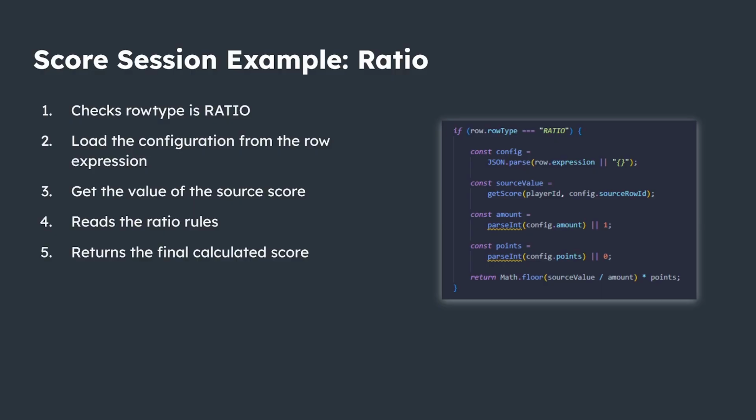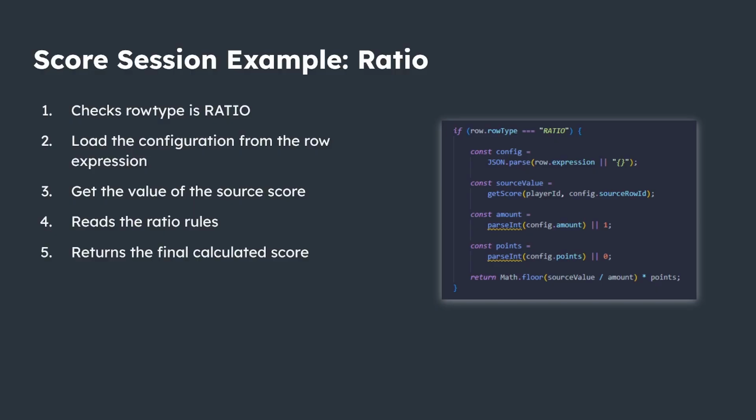So if it is ratio, it'll parse that JSON into the config value there. And then we are able to pull the score by using the source row ID and the amount and the points from that JSON that's been parsed. And then we return the ratio value. And that's the general workflow for all of my scoring rules there.